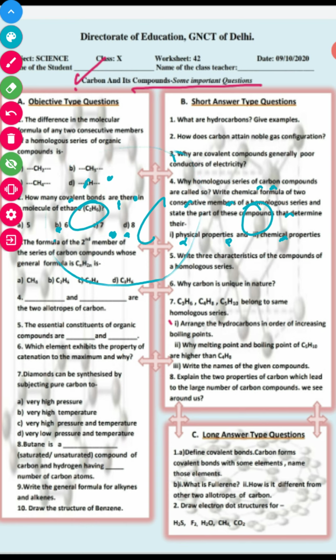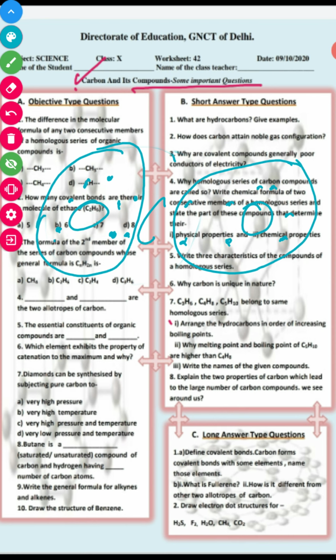Erase this. So you have to put like this: 1, 2, 3, 4, 5, 6, 7, 8. This completes oxygen, and this completes 1, 2, 3, 4, 5, 6 and 7, 8. This completes oxygen here. And what about carbon? Carbon is like this. So this is the structure of carbon dioxide.